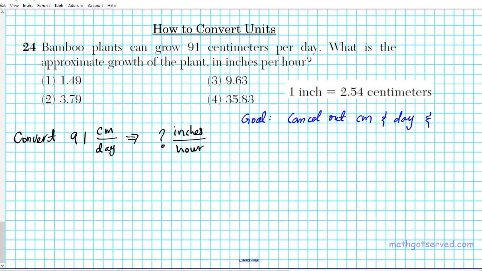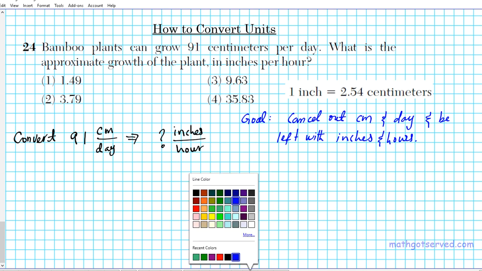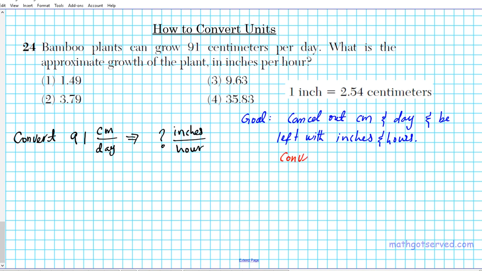We want to be left with inches and hours. We're going to use the conversion factors to accomplish this goal: cancellation of these two units that we don't want, and being left with the two units that we want. To do this, we're going to use something called our conversion factors.